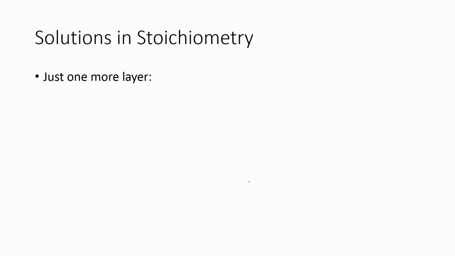One more layer. So solution stoichiometry. This may seem like it's a lot more, but in reality, all we're doing is going from molar and some number of milliliters of a molar solution, right? That will give us moles. And for stoichiometry, once we have moles, we can go to moles of something else, and then we can go right back to milliliters of some molar solution.